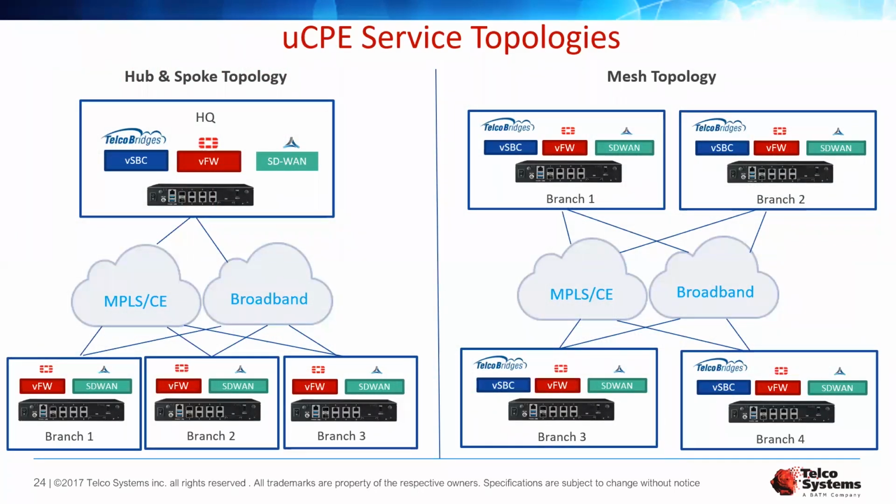So I looked at a couple of typical UCP service topologies, which are not different from any other networking topology. We just looked at them in the eyes of the UCP today. Assuming that there are two possible types of networks, the expensive ones and the cheap ones.